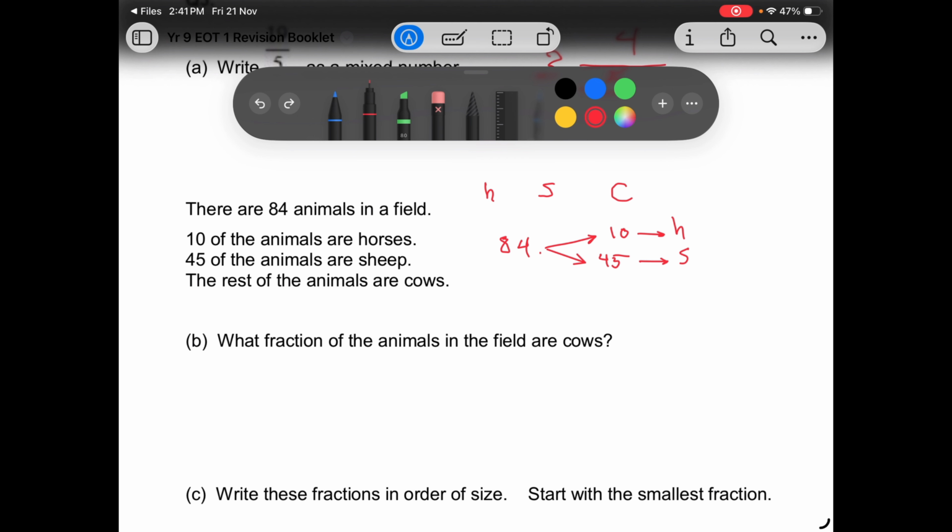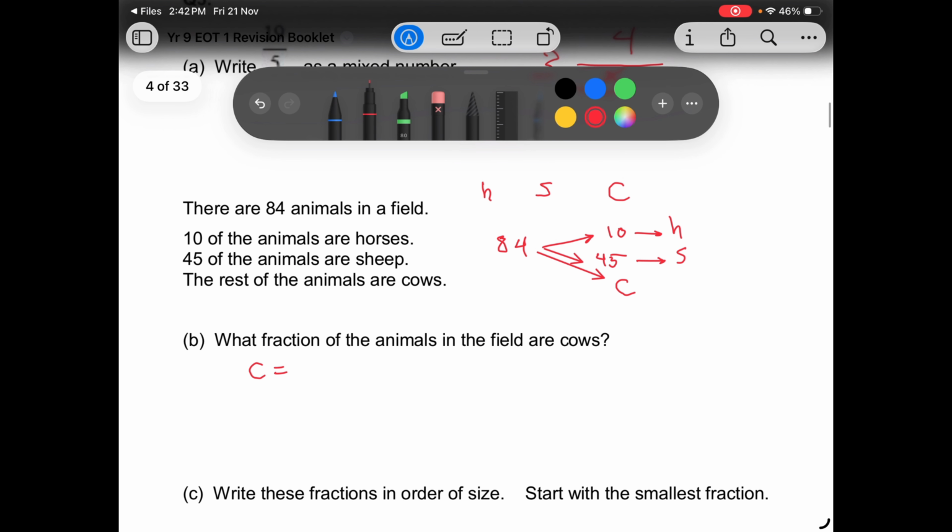Okay, so the rest of these are cows. So obviously the number of cows equals the total number of animals minus the number of horses and sheep, and so I can write here that cows equals what? Cows equals 84 minus 10 horses minus 45 sheep, and the total will be 29.